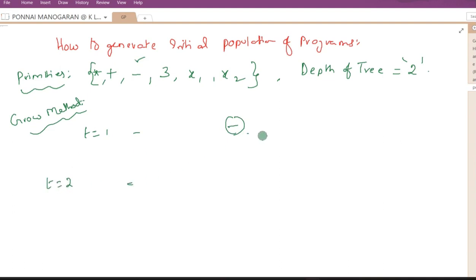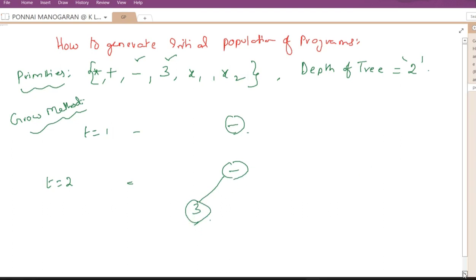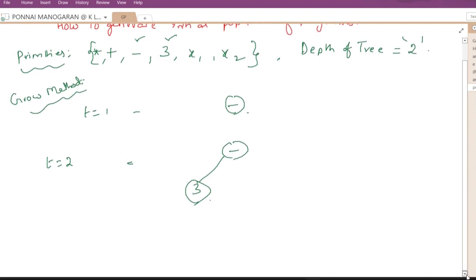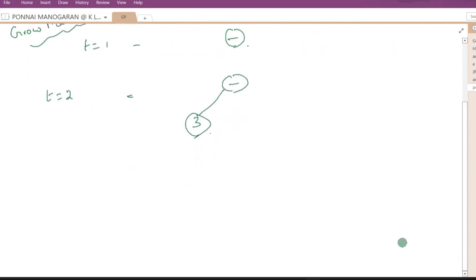At the second iteration, when you have selected a root node, obviously you have to select the left subtree and right subtree. Again you randomly sample. Let us suppose this time you sample 3 for the left subtree, for the minus operator. So you put it here.